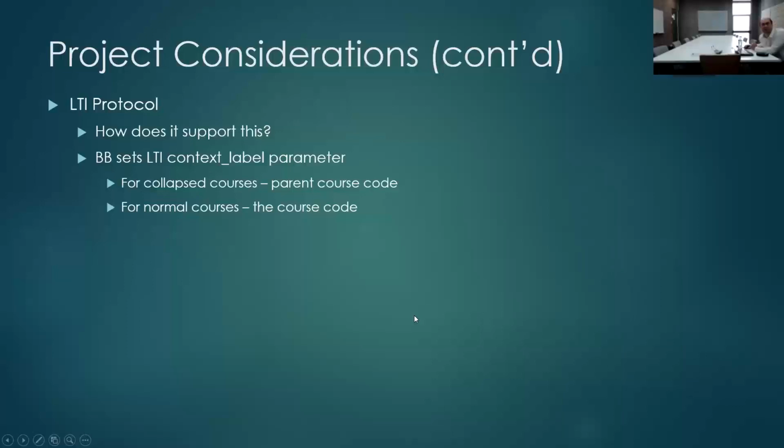So for normal courses, we just pass across the course code that students are sitting for. For the collapsed courses, we need to provide the nominated parent course code.